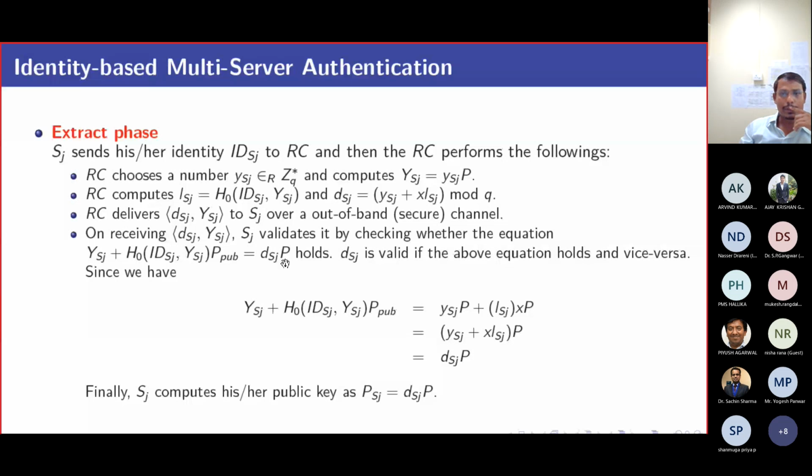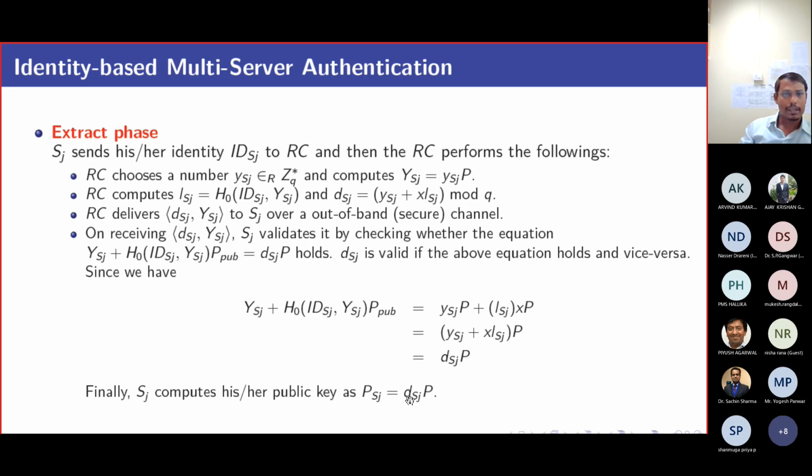From this derivation you can easily understand. The value of DSJ equals YSJ times P plus the hash of this, times X times P. If you take this P outside, this becomes this, and this is nothing but DSJ times P. So that is the public key of the application server SJ, and DSJ is the private key of SJ.